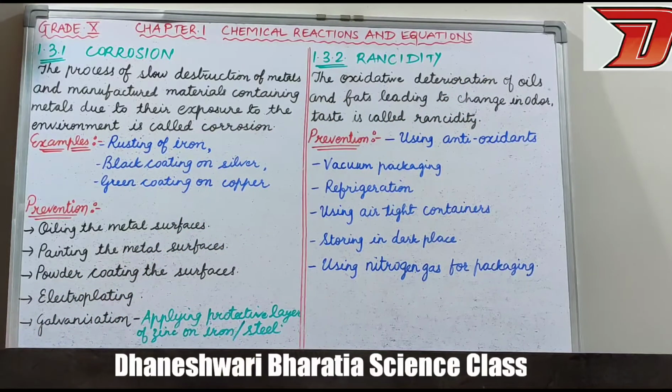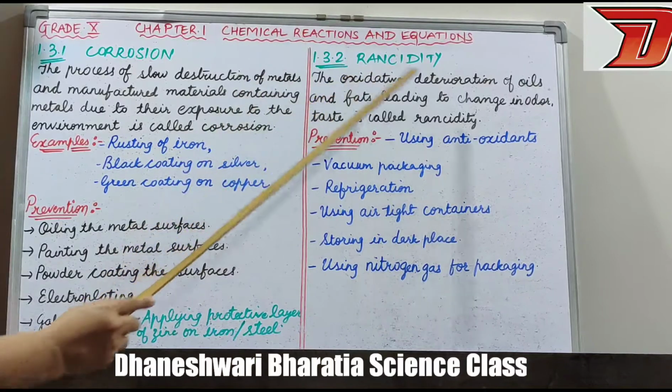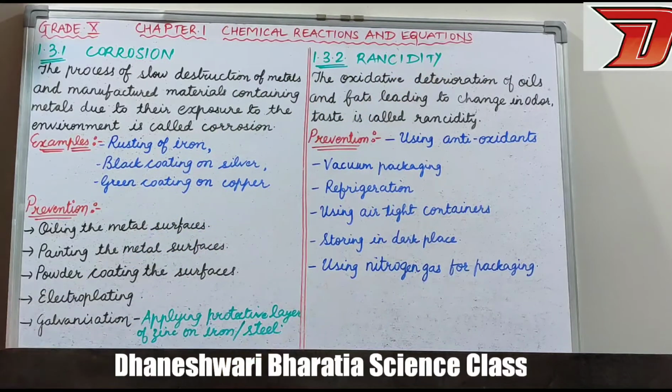You must have noticed that if you have brought chips from the market, or if any fried items are kept as it is at room temperature for 1 month or so, the taste of that particular food item has already changed. Why? Because it undergoes oxidative deterioration. Am I clear with this?